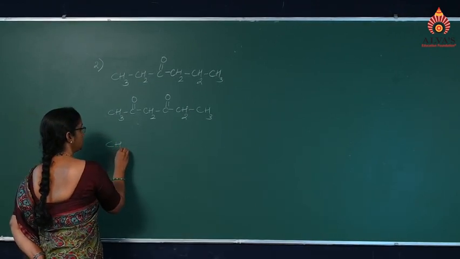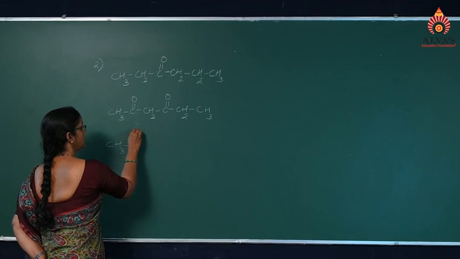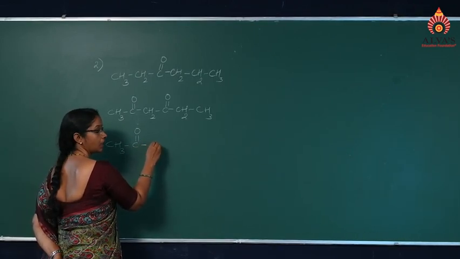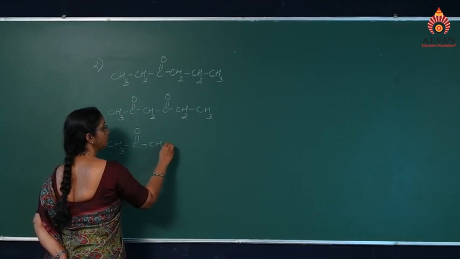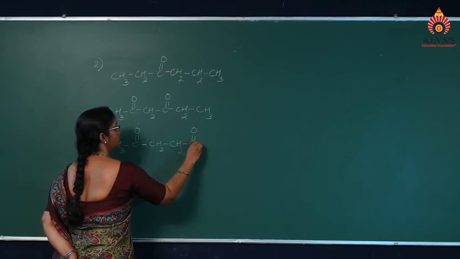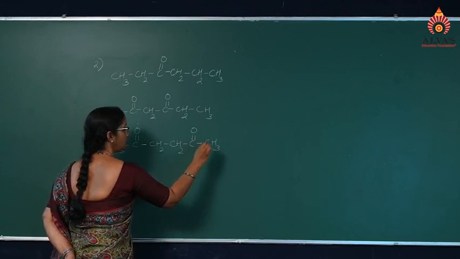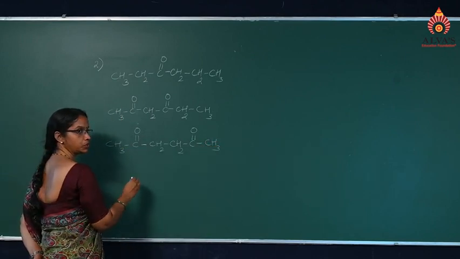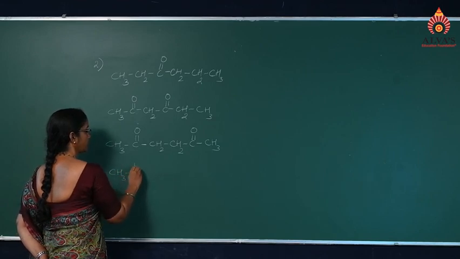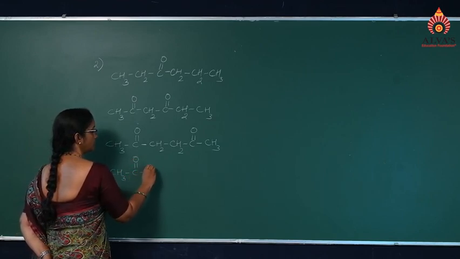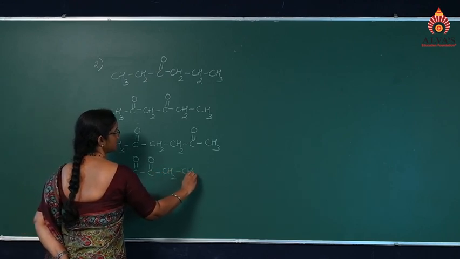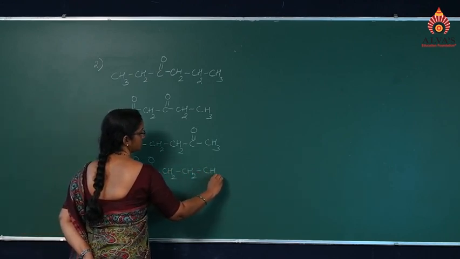So it is CH3, C=O, CH2, CH2, C=O, CH3, and fourth is 2,3-hexanedione. So CH3, C=O, C=O, CH2, CH2, CH3.